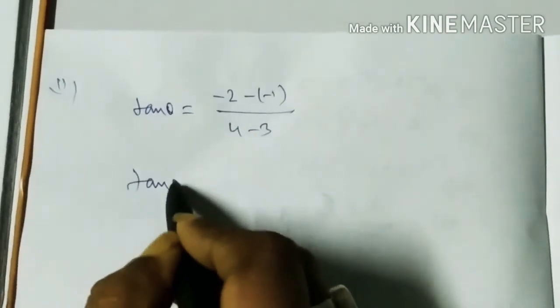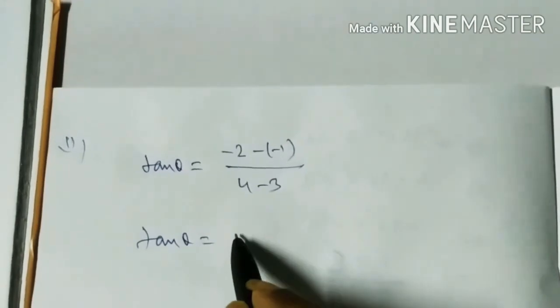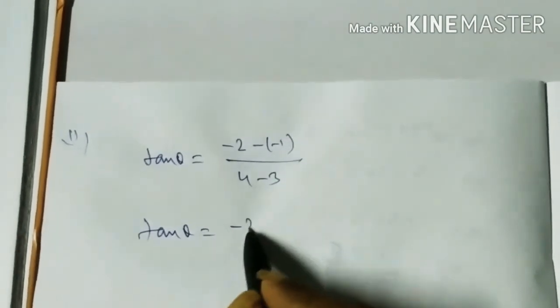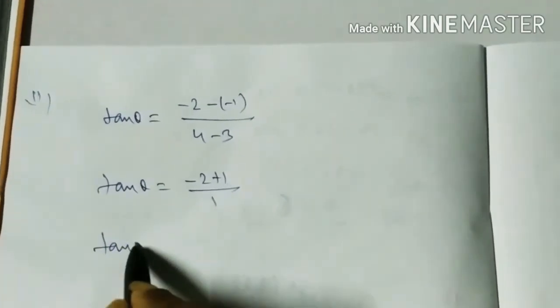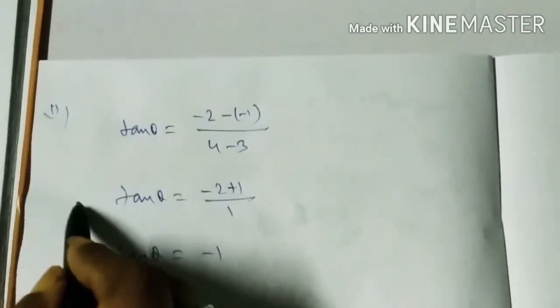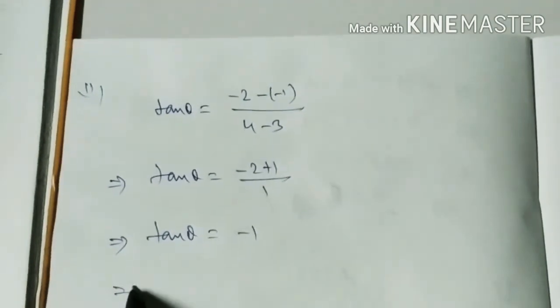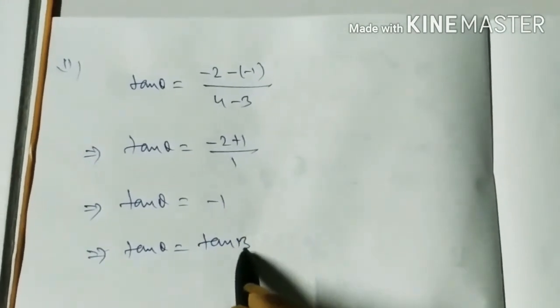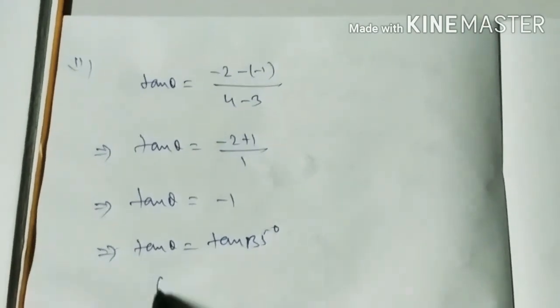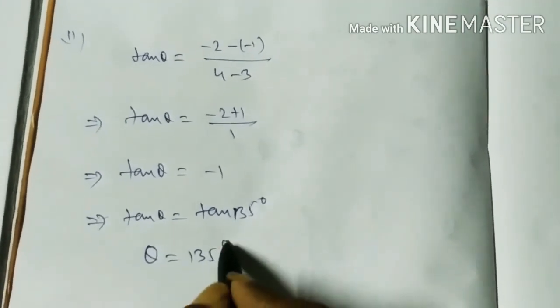So tan theta will be equal to minus 2 plus 1 by 1. So tan theta will be equal to minus 1. So your tan theta will be equal to tan 135 degree. So theta will be 135 degree.